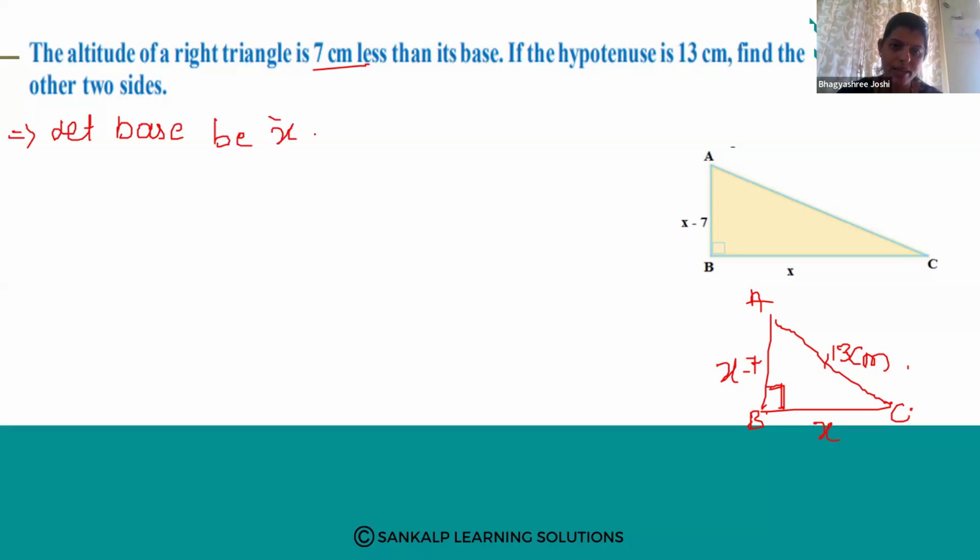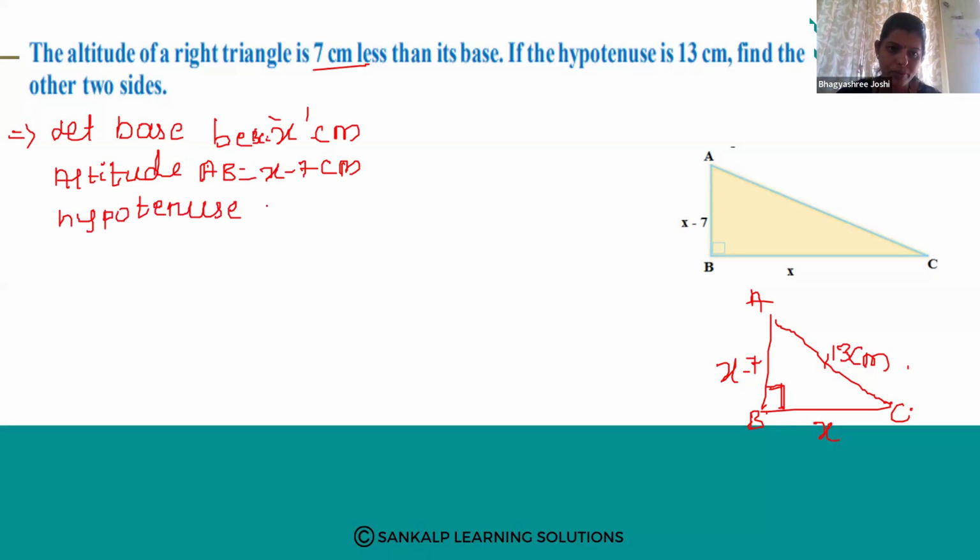Consider base BC as x and altitude, that means height, AB is equal to x minus 7 centimeter. This is x centimeter, this is x minus 7 centimeter. Hypotenuse they have given, that is 13 centimeter.